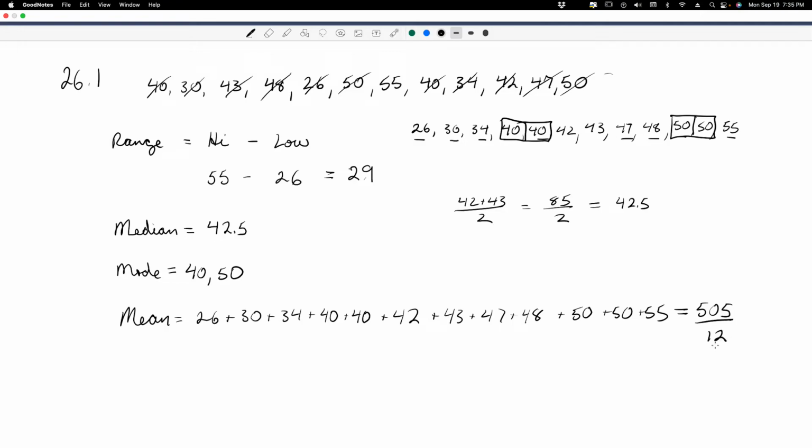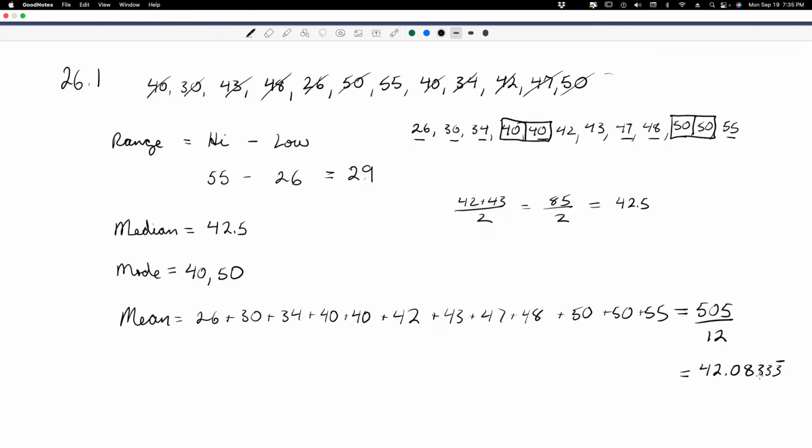Let me double check my calculation. 505 divided by 12. It's actually 42.08, and then we have a repeating decimal of 3. But 3 does not round this up. So it doesn't matter that we have a repeating decimal. It goes away. 3 will not make this 9, right?